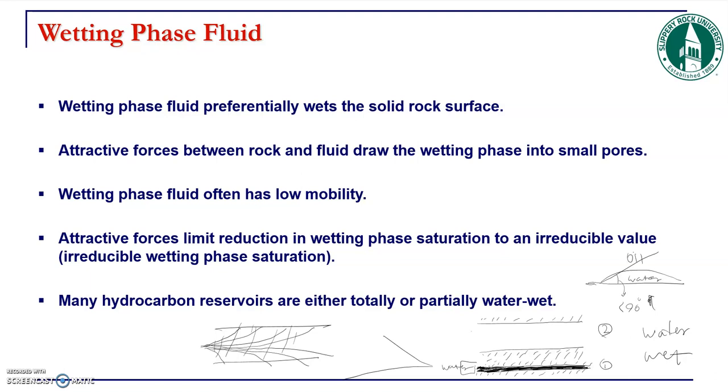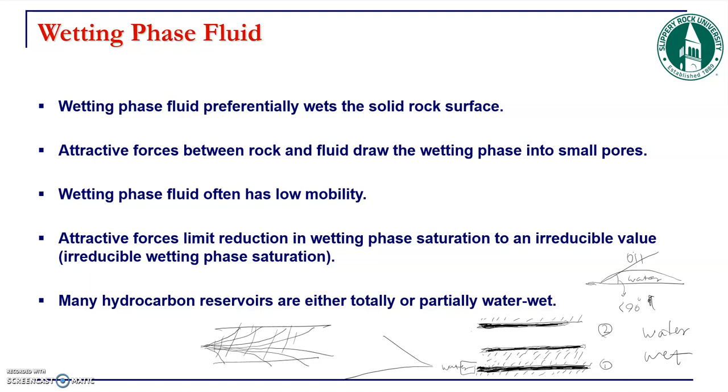You will again have a film of water attached to the surface of your larger pores as well. So you will have this water attached here to the surface of the larger pores, but it doesn't fill the pore, because the walls are away from each other.